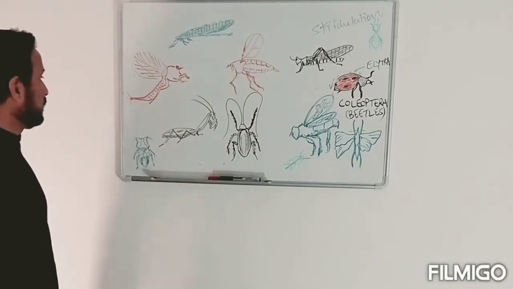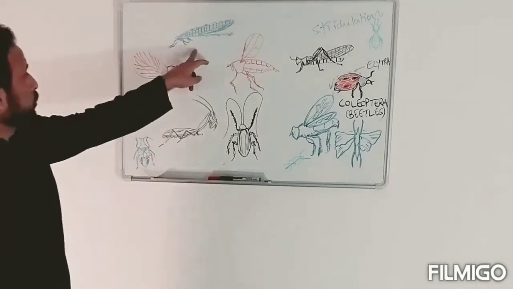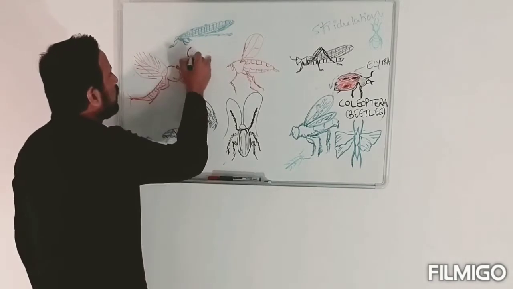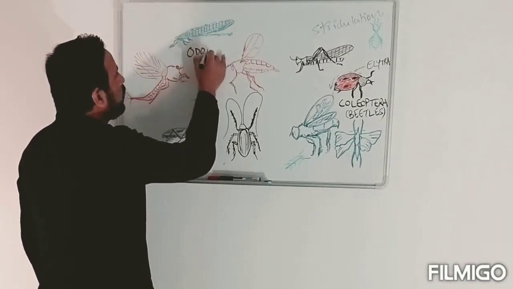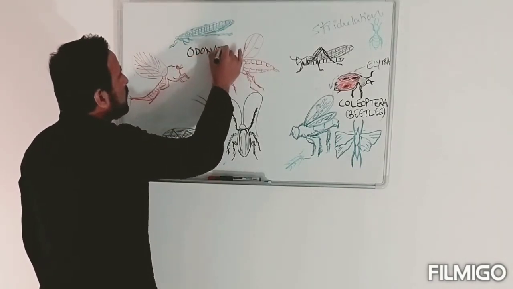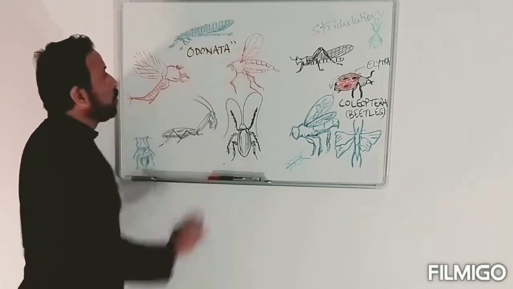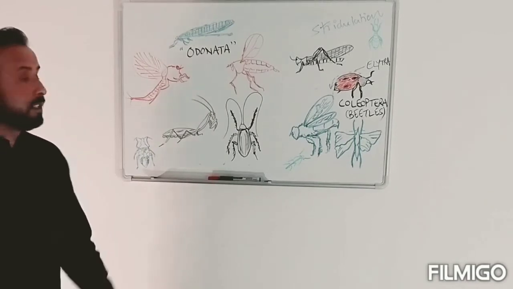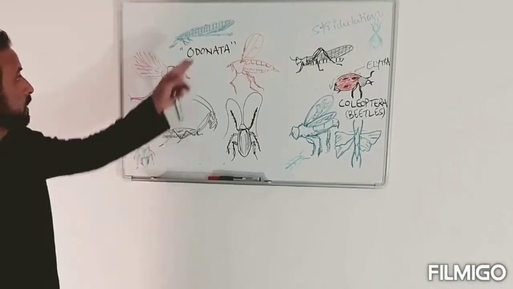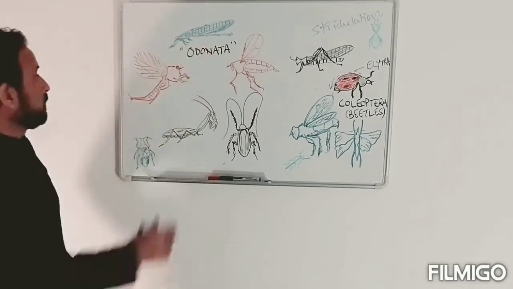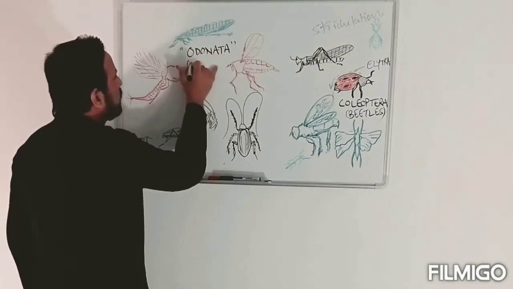Now, coming to the other one, see this one. This order is called Odonata. Right? Suppose this is a dragonfly or a damselfly.